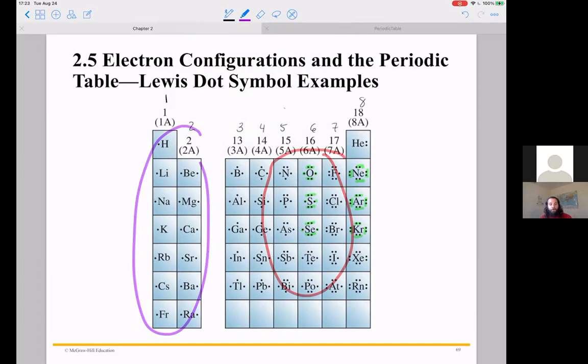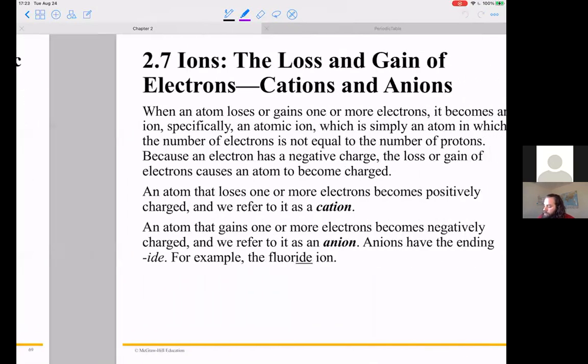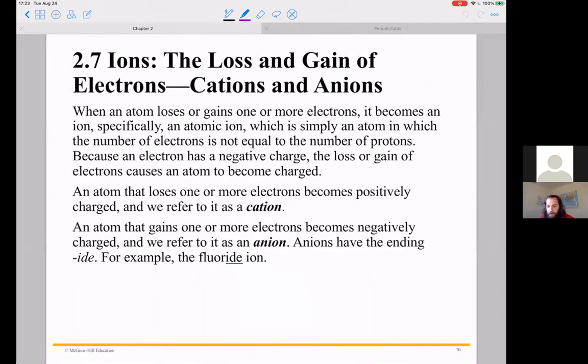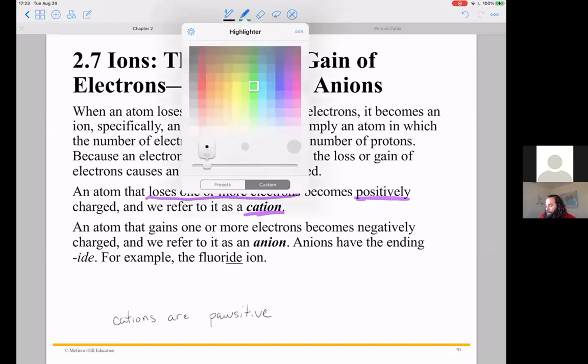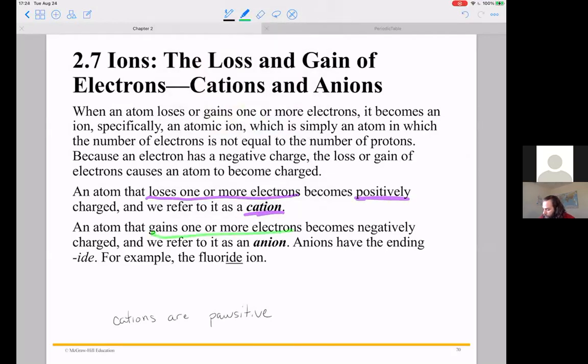This has a lot of implications in terms of the ions that these elements form. If you remember, we talked about ions a little bit. We went over the nomenclature. If an atom loses 1 or more electrons, it becomes positively charged and is thus a cation. Remember, cations are positive. And the other thing an element can do is gain electrons, become negatively charged, and be an anion.